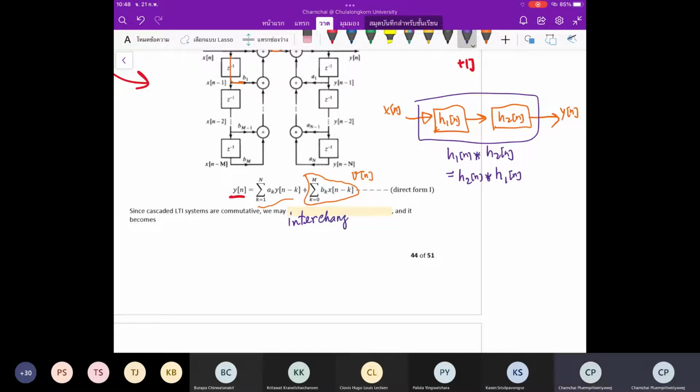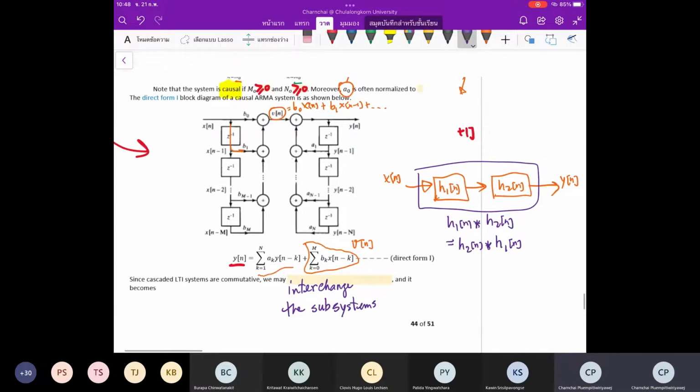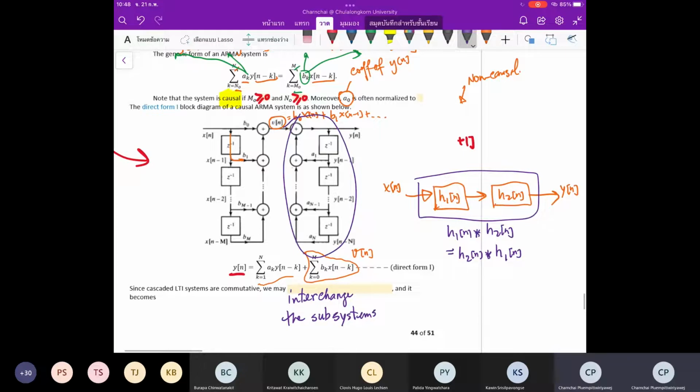You may interchange the subsystems, interchanging the position of the subsystems. So this one is our H2 and this one is our H1.